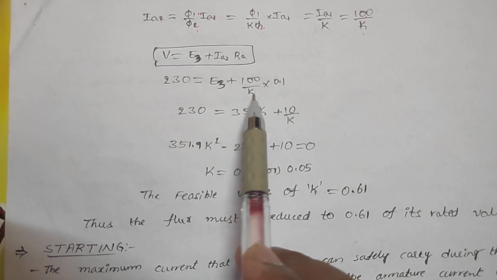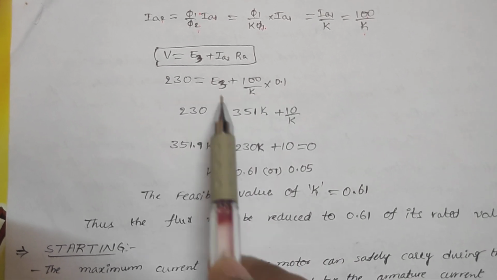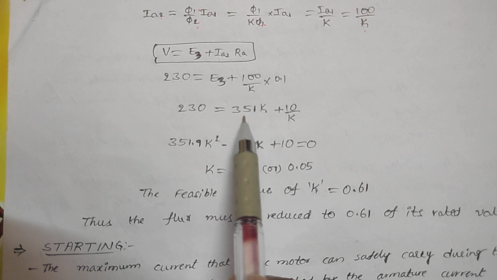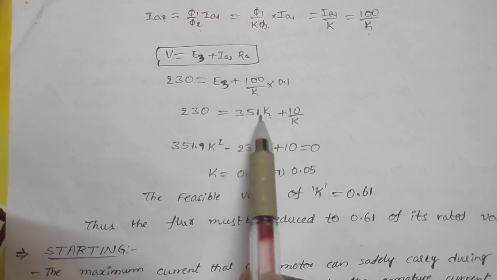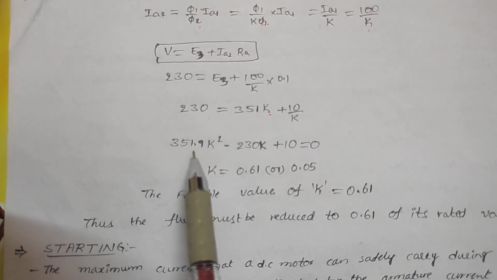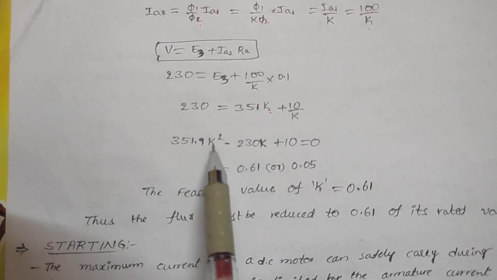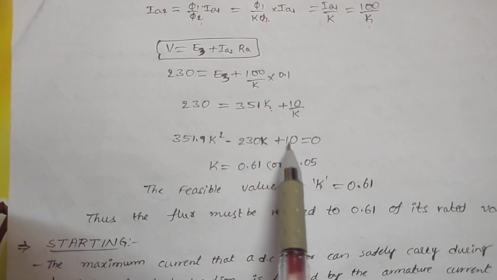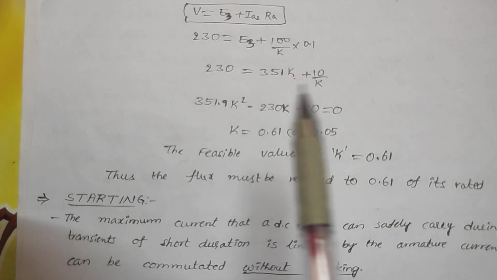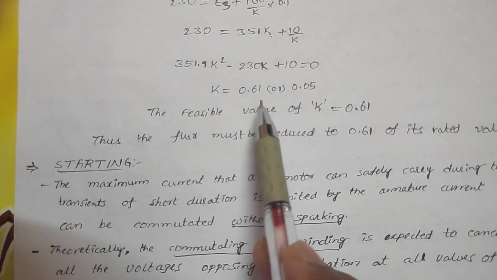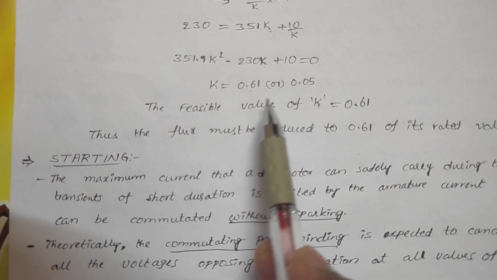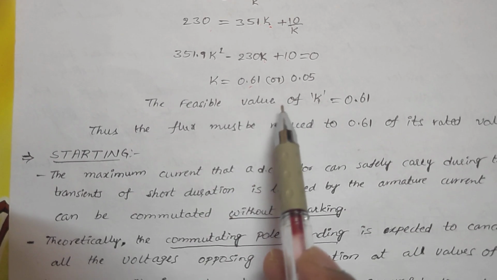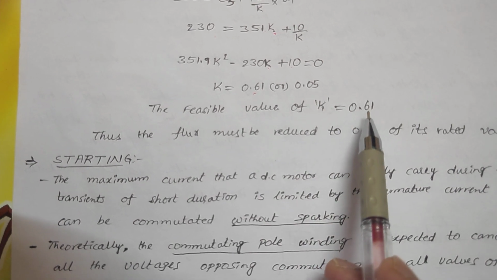Ia2 is equal to 100 by K. E3 you have also calculated in terms of K, that is 351.9 K. By solving this equation, we get 351.9 K squared minus 230 K plus 10 equal to 0. By solving this, you will get two values, one is 0.61 and another one is 0.05. This can be neglected. The feasible value of K is 0.61.